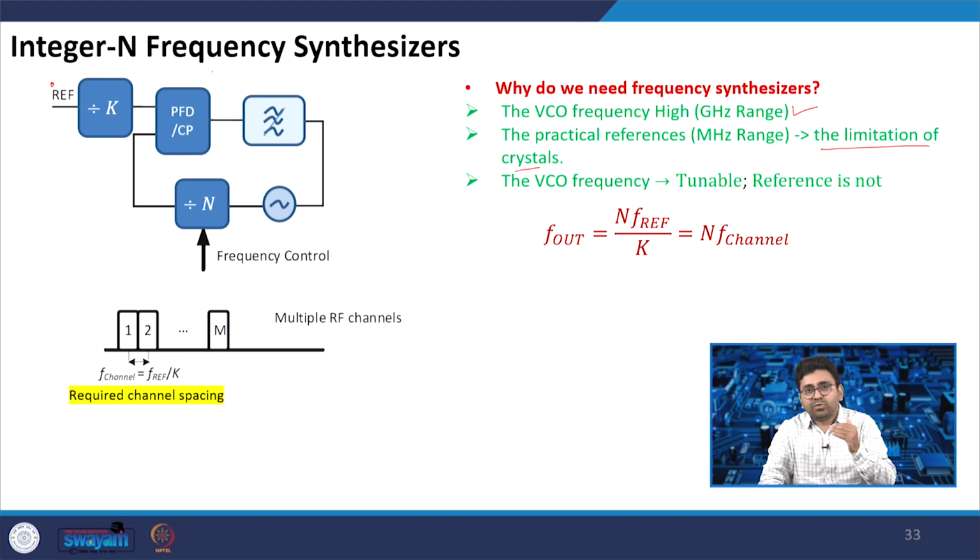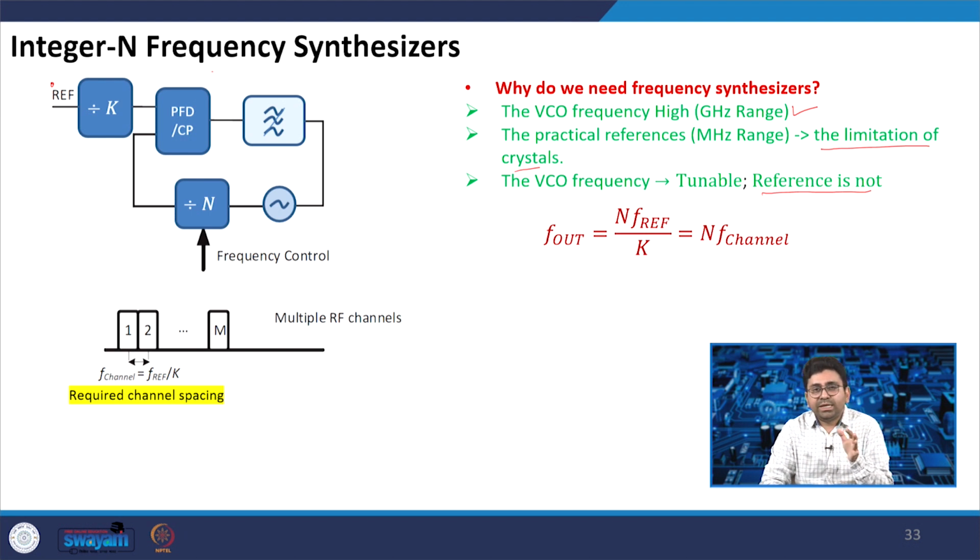That is the advantage, that the VCO frequency can be tuned with the voltage at very high frequency, but we cannot tune the reference. Our reference frequency is fixed. So, this reference frequency cannot be tunable, however, the VCO output frequency can be tunable. So, what is the solution?